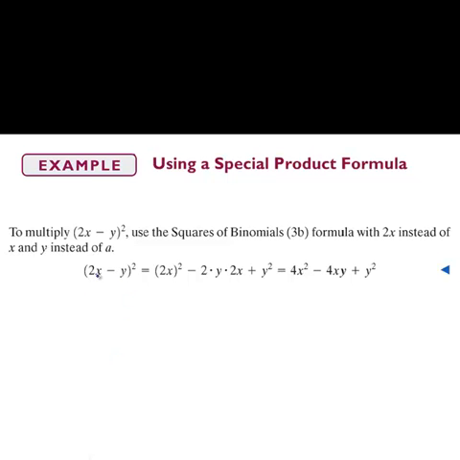You've got the 2x quantity squared plus 2 times 2x times negative y, which gives you the negative 4xy, plus negative y squared, which is the y squared. Right? So you've got a polynomial that involves both x and y, and you have not violated any rules that we've already discussed.